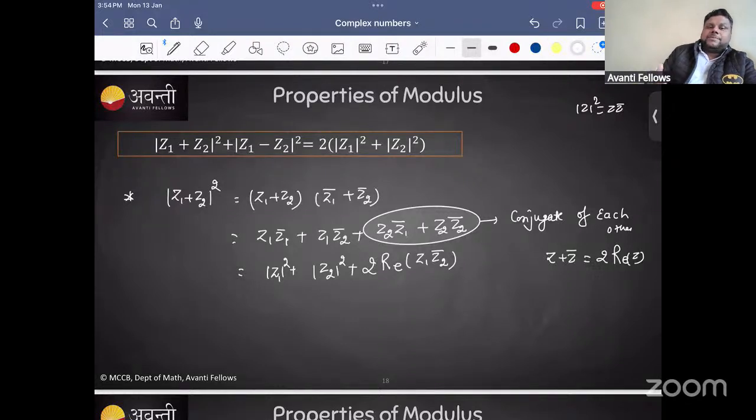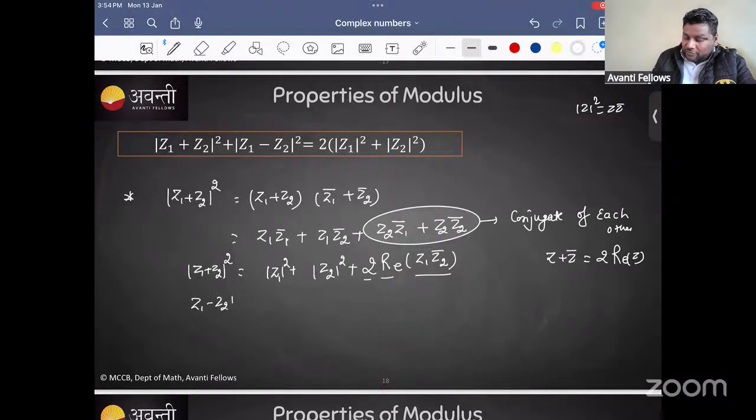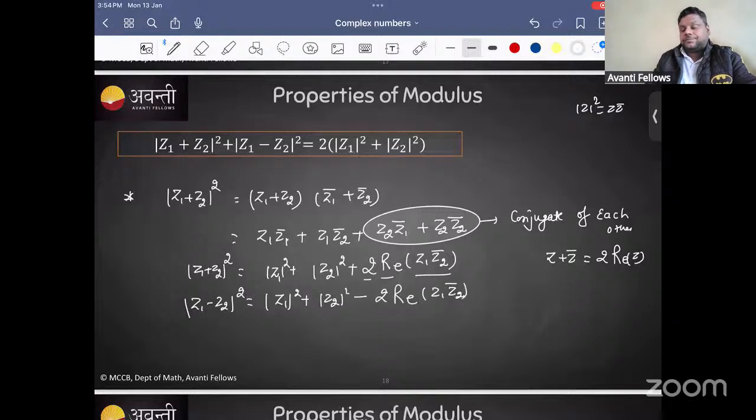Means if I add x plus iota y and x minus iota y, I get 2x, that is twice the real part of z. So this is twice the real part of z1 z2 conjugate, and this is the magnitude of z1 plus z2 square. Similarly, if you do z1 minus z2 magnitude square, you get mod z1 square plus mod z2 square minus 2 times the real part of z1 z2 bar.